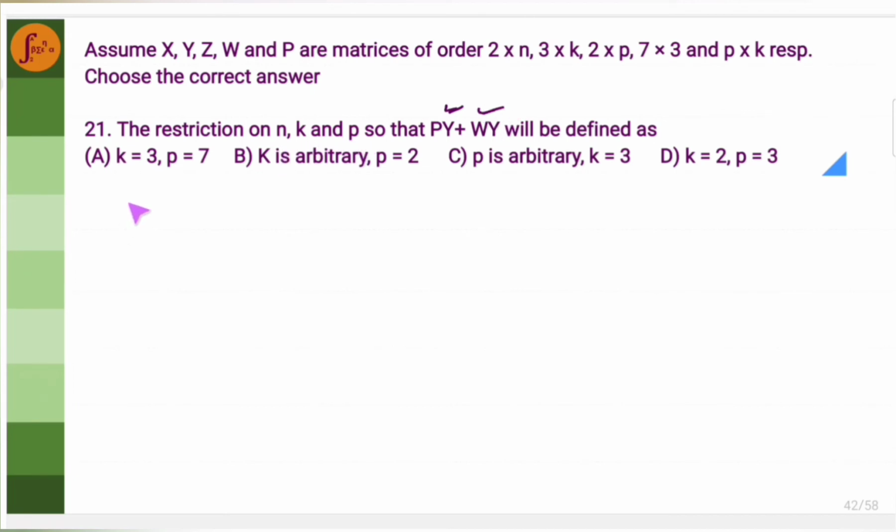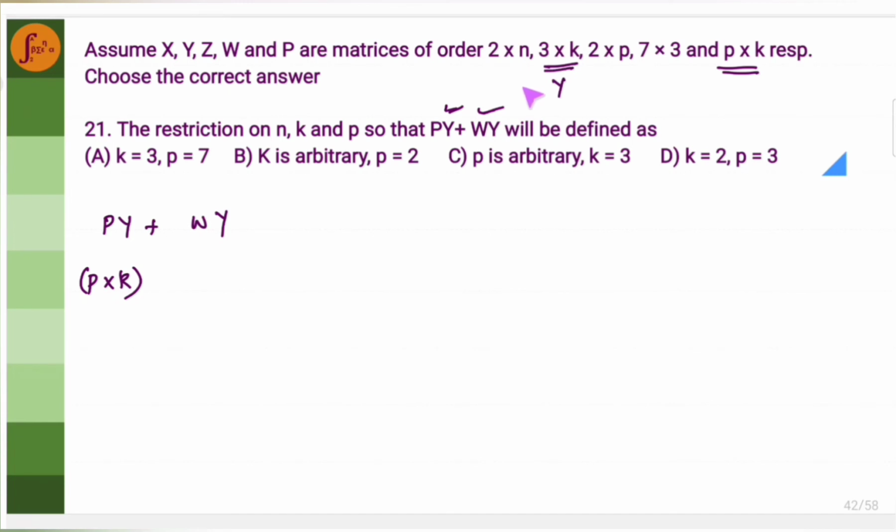So first let's write down the orders. It's PY plus WY. What is the order for P? This is the order for matrix P: P into K. And for Y it is this one.